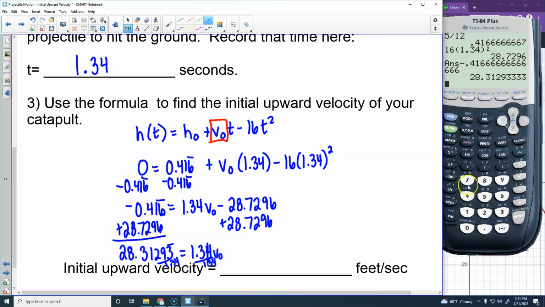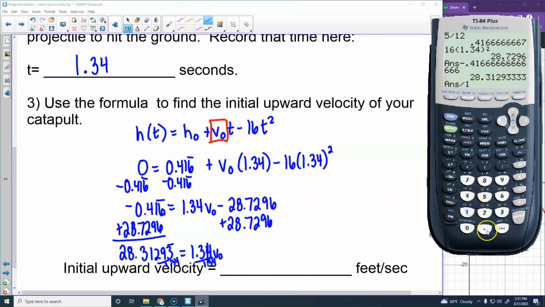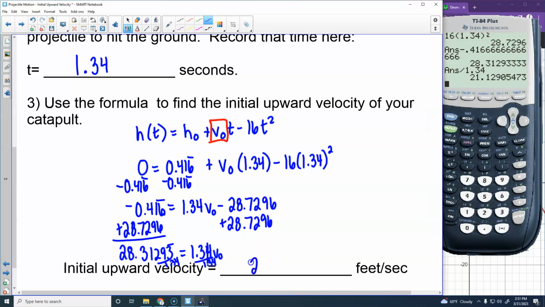So we get, we'll do 3 decimal places here, 21.129. So my initial upward velocity is 21.129 feet per second for that particular one.